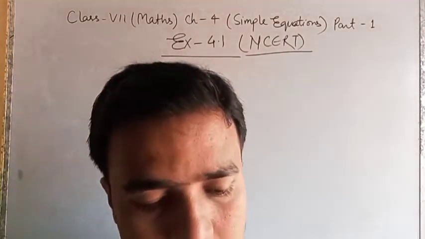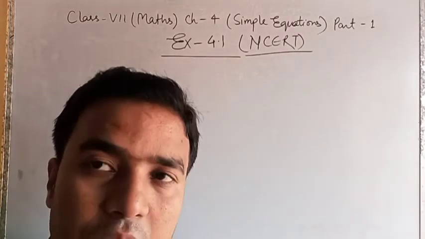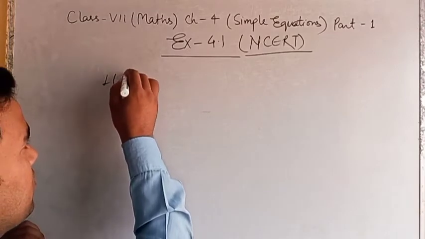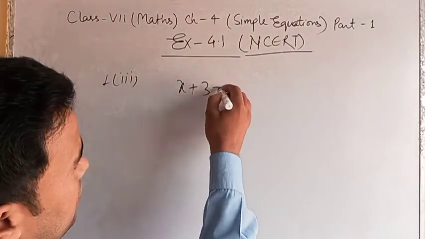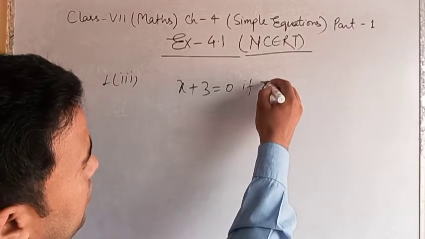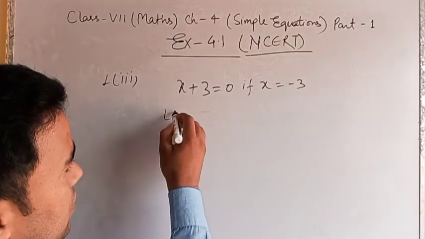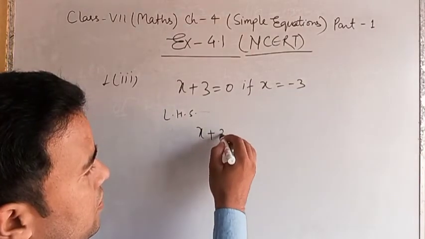Second one is also x plus 3 equal to 0, then if x equal to 0. So you can do this. Third part, x plus 3 equal to 0 if x equal to minus 3. Left hand side, clear? x plus 3.